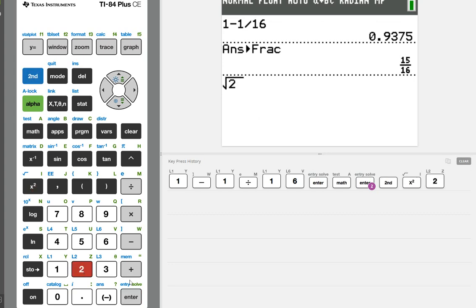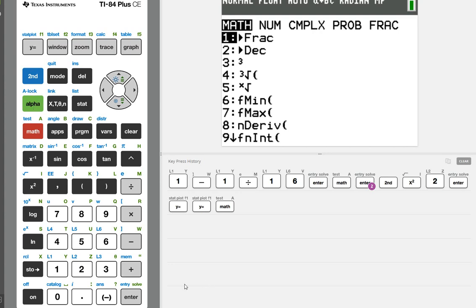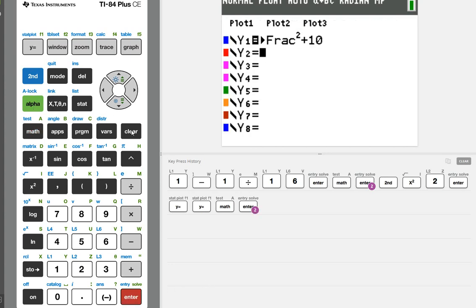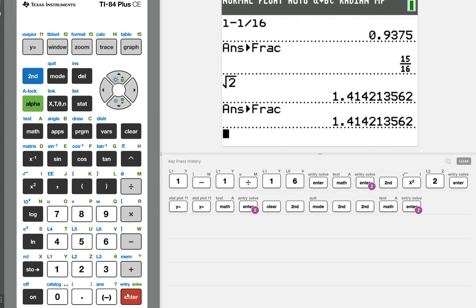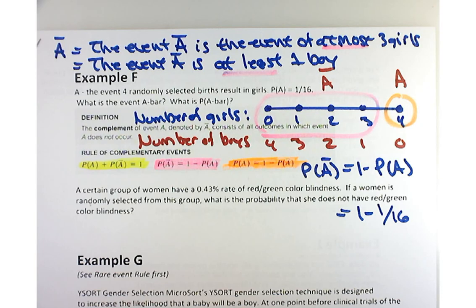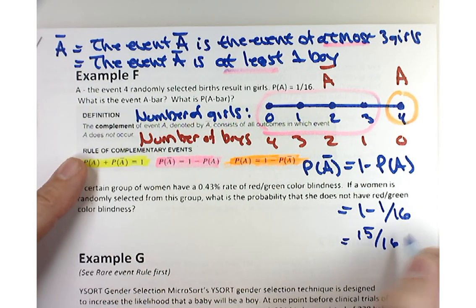For instance, very famously, square root of 2 is not able to be written as a fraction. So if you try, it just comes back with the same thing. But a lot of the stuff that you're going to work with can be written as a fraction. So if it can be, I generally like it as a fraction. Overall, we get 15 over 16 here.